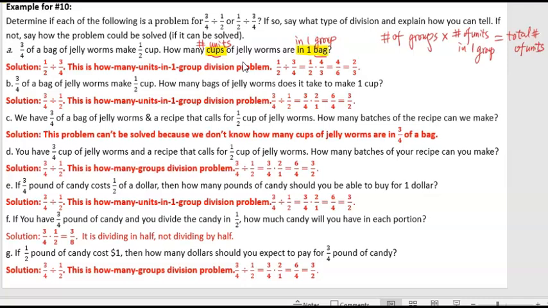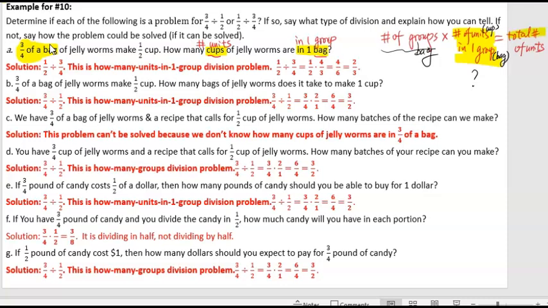Notice that the question, number of units in one, is the question mark. As long as they tell us the number of groups, which in our case is the bag, the units is the cup. Did they tell us how many bags? Yes, they did. They told us it's 3/4 of a bag.